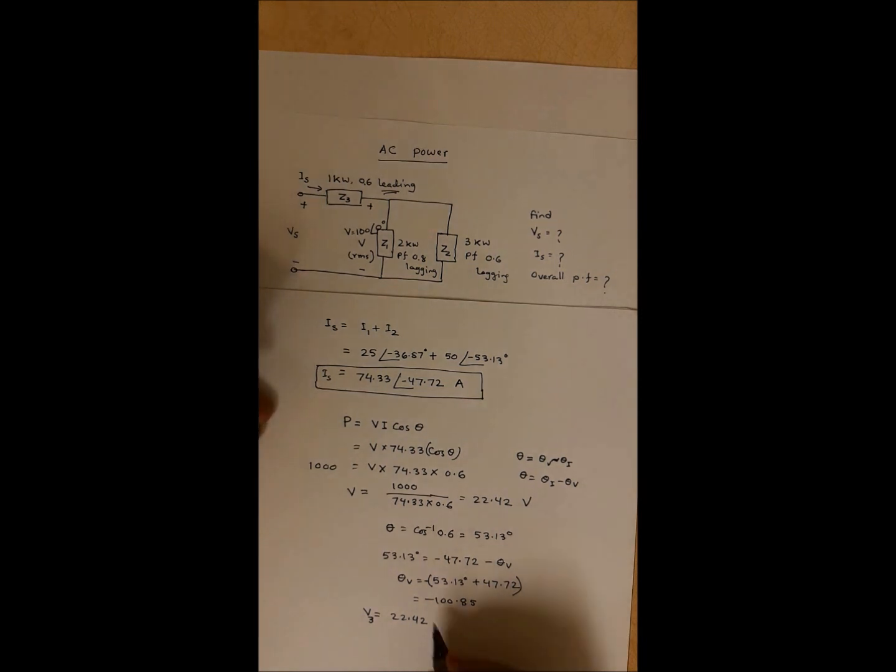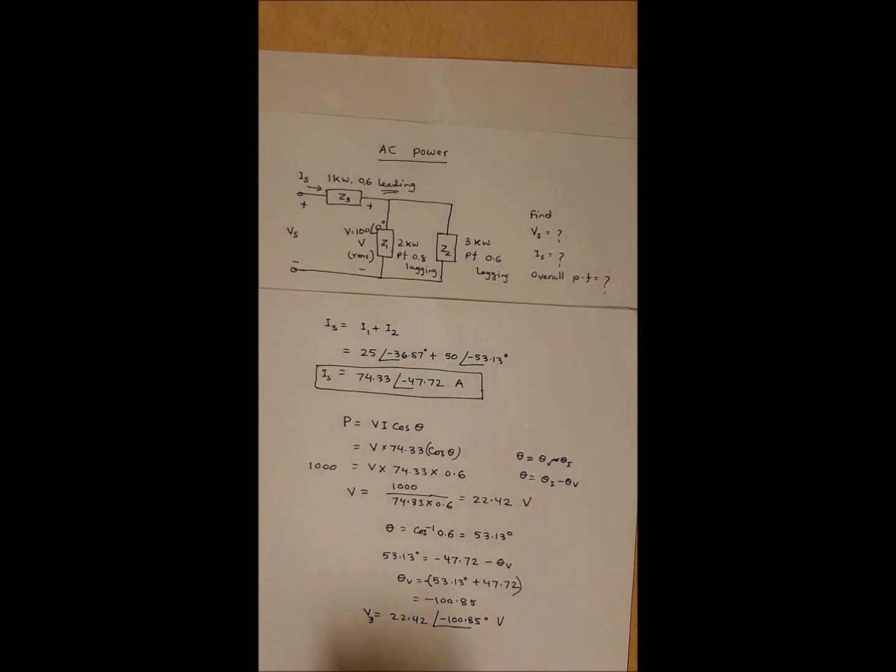That gives us negative 185. So we'll get V of Z3 equal to 22.42, and the angle is negative. Good.